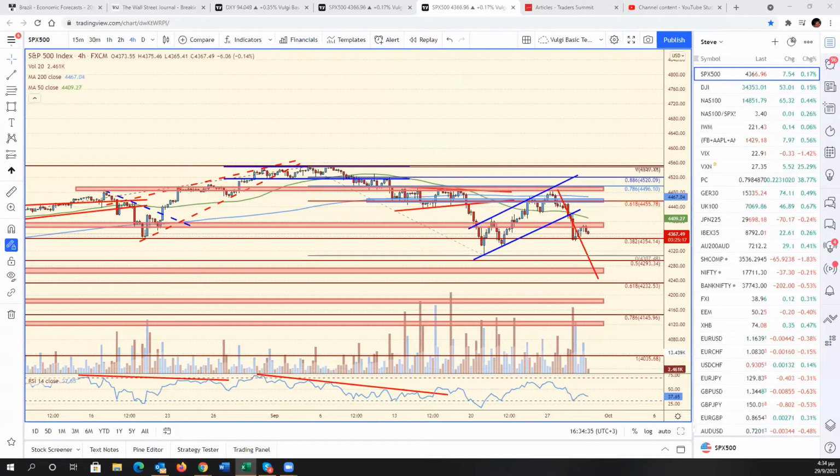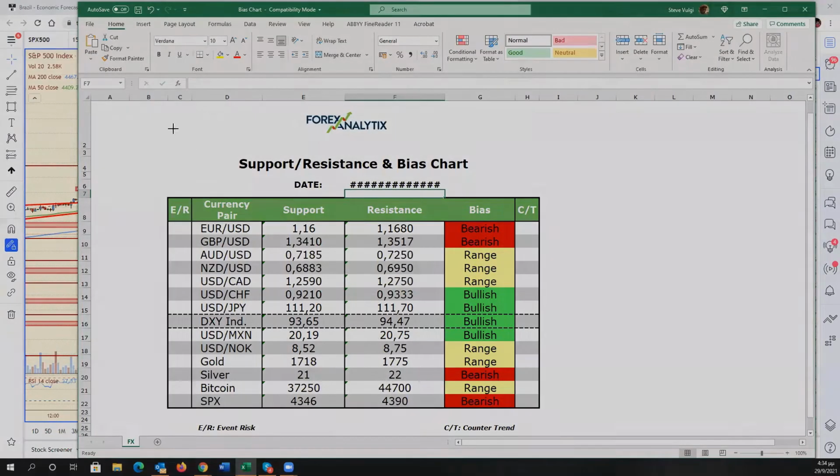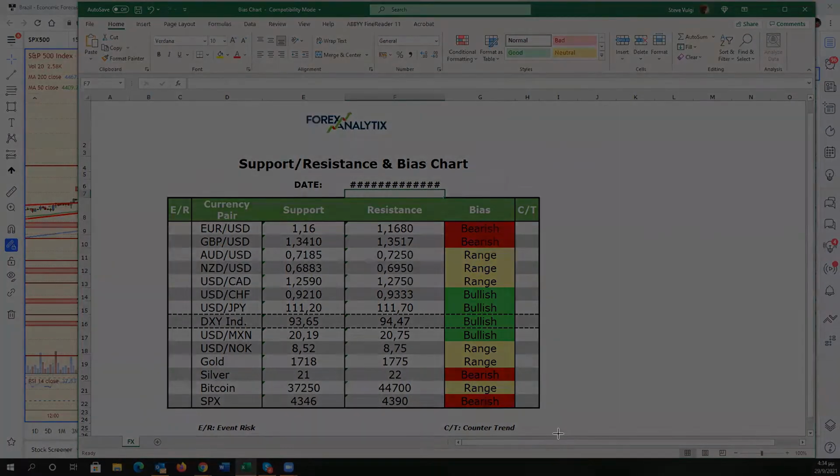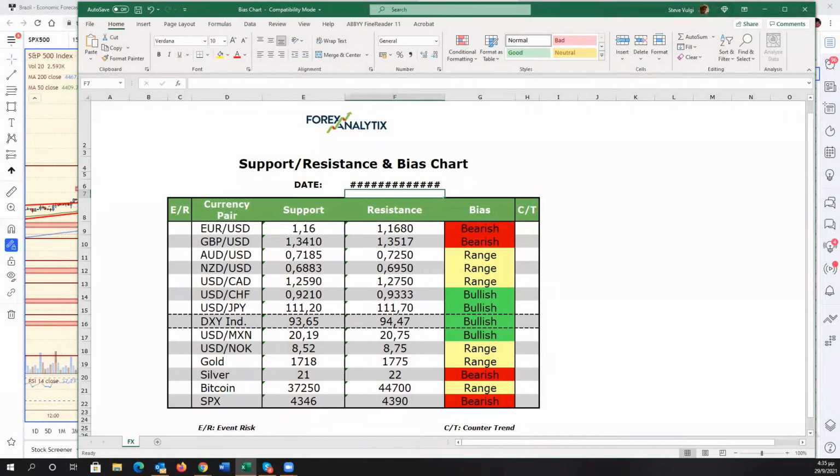And let me confirm. Yeah, I think I have everything. Perfect. So let me bring it here. Let me also take a screenshot. Perfect.